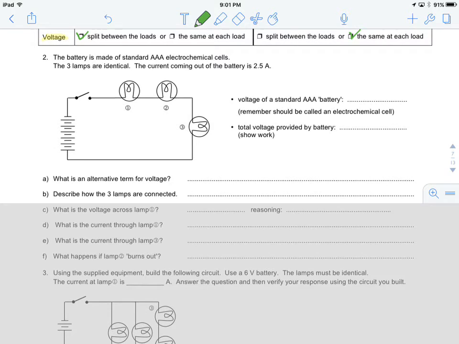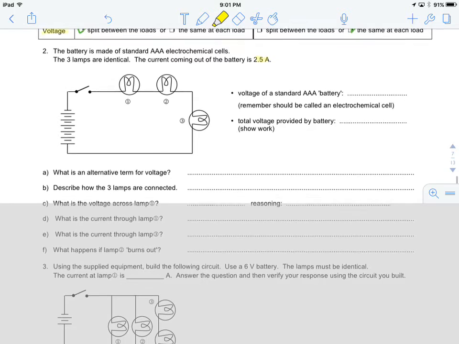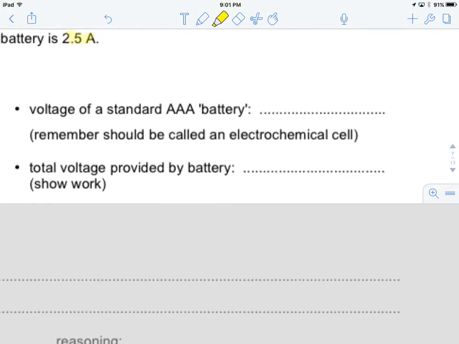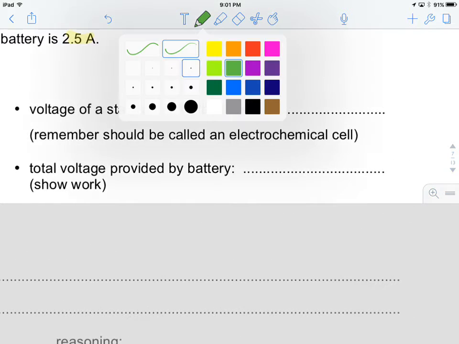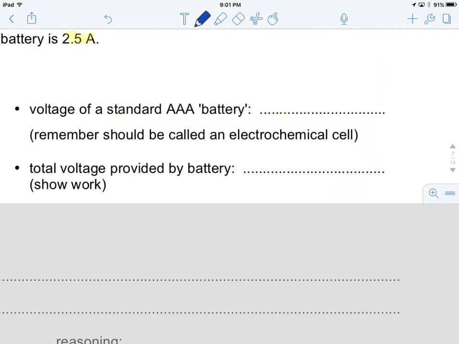Here is an example of a very simple series circuit. We've got lamps 1, 2, and 3, and a battery, and we're told that the current coming out of the battery is 2.5 amps. The voltage of a standard AAA battery is 1.5 volts. We should be calling that an electrochemical cell.